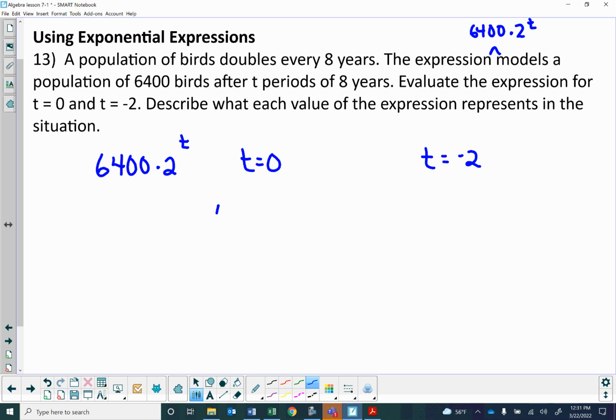So here I'm going to have 6,400 times 2 to the 0 power. Anything to the 0 power we know is 1. So 6,400 times 1 is just 6,400.